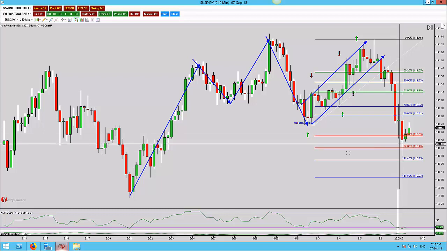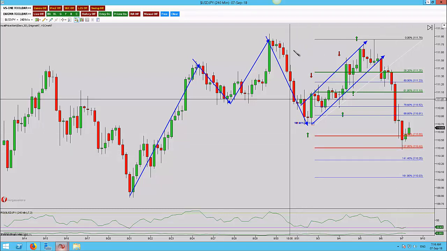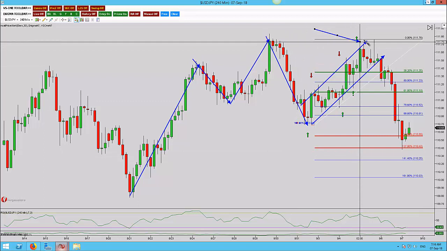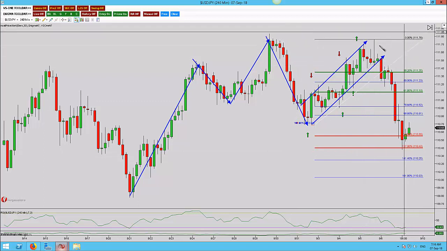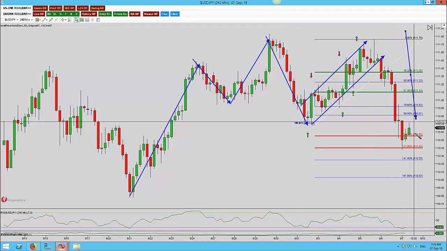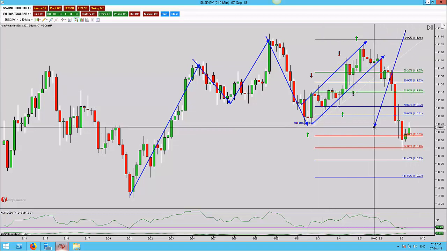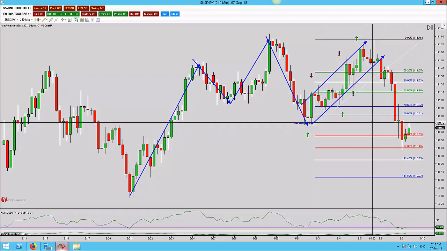Either way, both of those has now been tested, and unfortunately we were stopped out by 7 pips before the market put in this reversal candle. We then came down, we broke structure, and it's a bitter pill to swallow, a loss of 29 pips when the trade went on to win for 101.